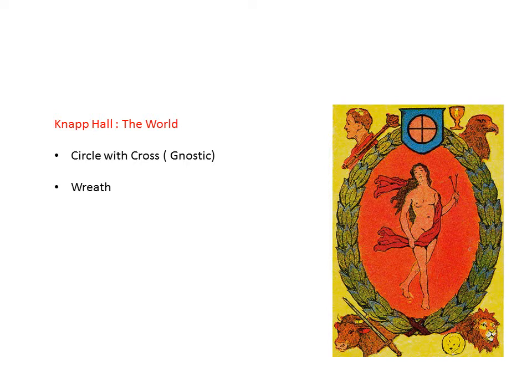So next we show that we have the same wreath that we're seeing in everything else, and the female dancing with the red scarf. Typically the red represents manifestation, desire, passion. Now it's very important to realize that this is a lot of what they were showing in the Platonist kind of schools, that by the fall of passion we have this duality, but here in the Knapp-Hall we're showing that there's actually a unity within the many.